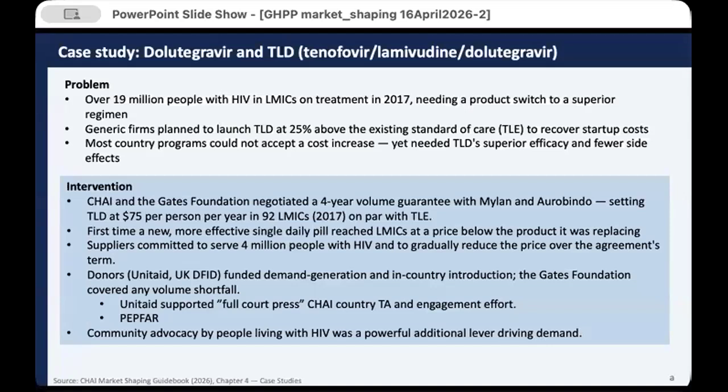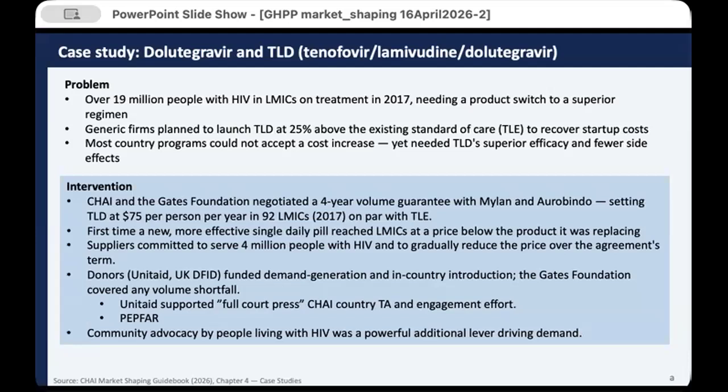So thanks to volume-based guarantees with Mylan or Viatris, they were able to lock in a price for TLD at $75 per person. It's the first time that a new, more effective single pill reached countries at a price below the product it was replacing. Suppliers committed to a certain number so that they could make sure that there was capacity.